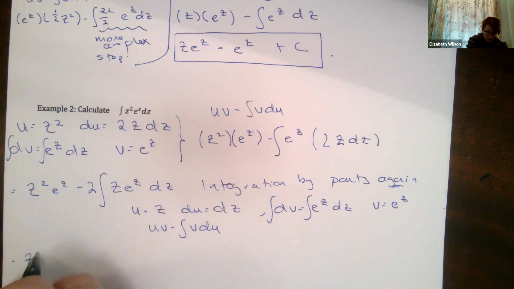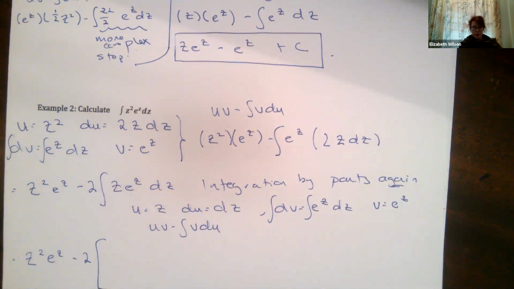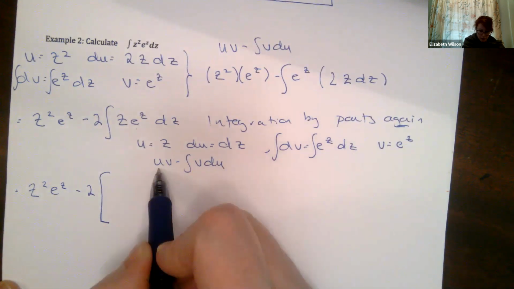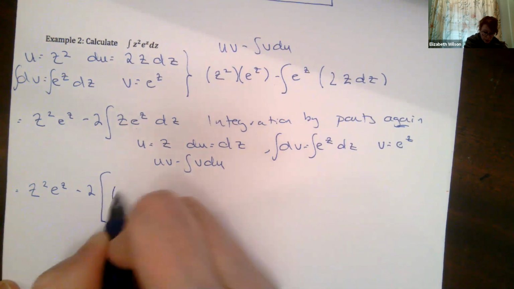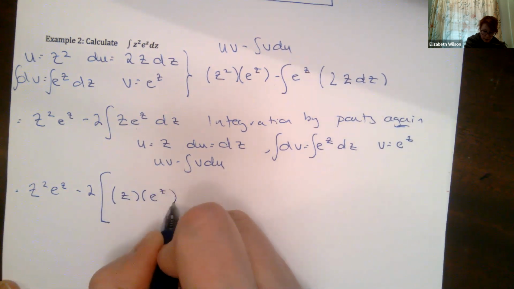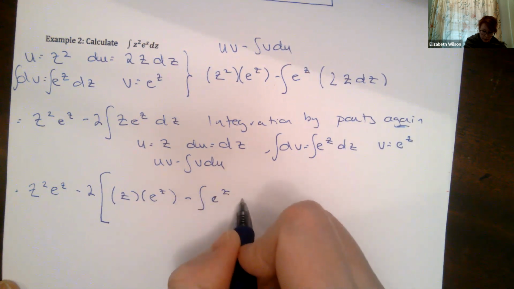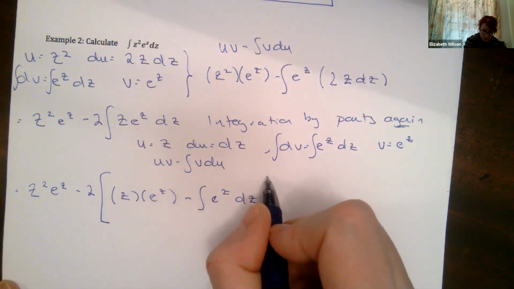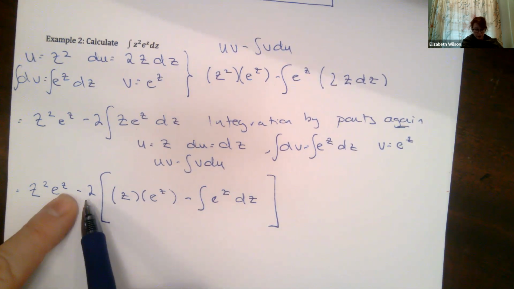So I've got z squared e to the z minus 2. I'm going to do a big bracket, parentheses. Now I'm going to go uv minus integral of v du for this bit right here. So u z v e to the z minus the integral of v e to the z, and then du dz. Close bracket. Right, the bracket signifies I have to multiply by -2 when I'm done.